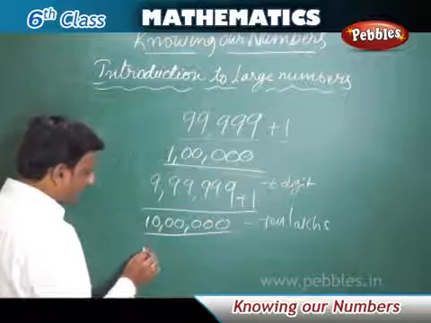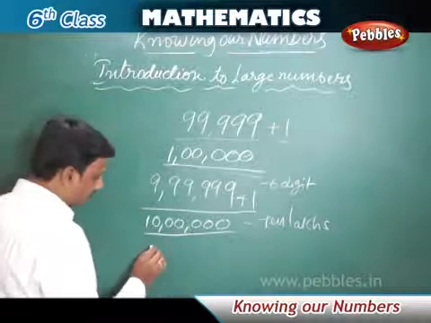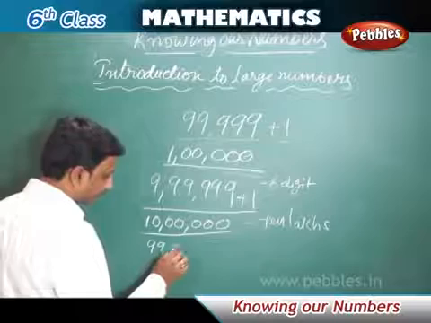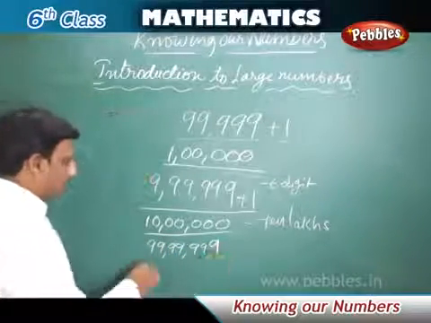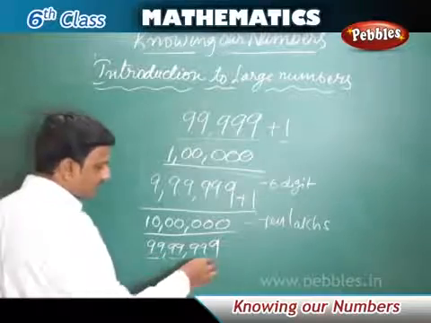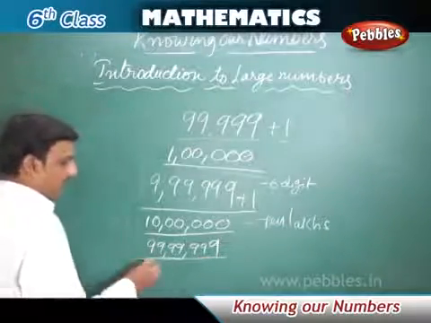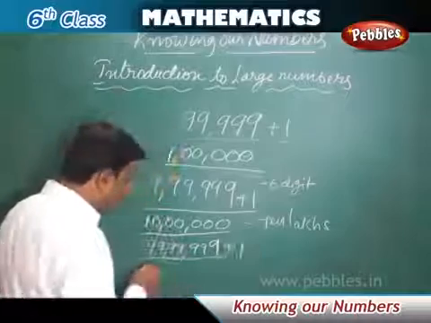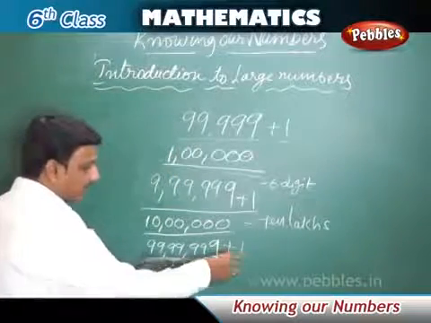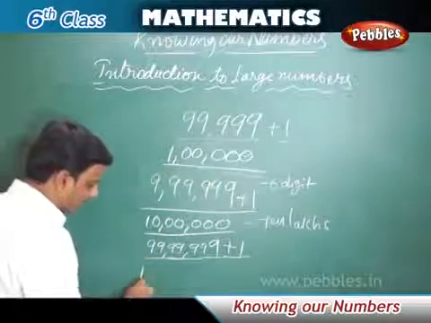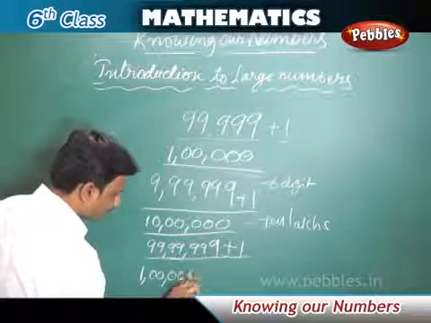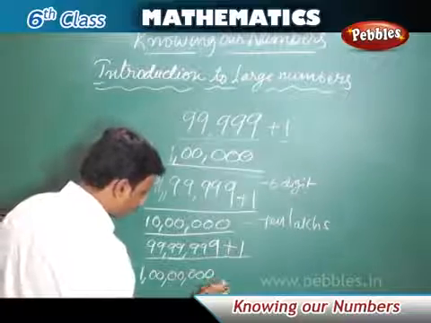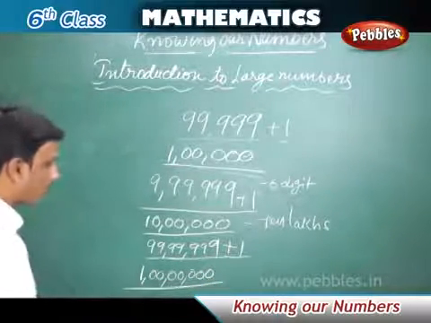Now, for the biggest 7-digit number, 99,99,999. If we add 1 to the biggest 7-digit number, it becomes 1 crore.